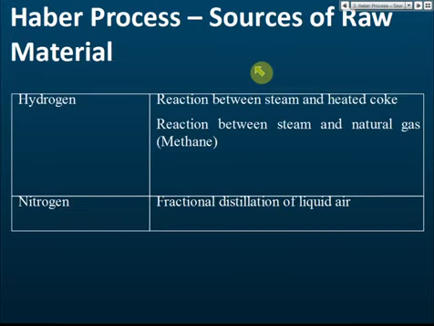Now, another important thing for the Haber process that you need to know is the sources of the raw materials. The raw materials are hydrogen and nitrogen. And as I told you just now, we need large amounts of nitrogen and hydrogen. So where do we get these large amounts of hydrogen and nitrogen? For hydrogen, we get it from water.